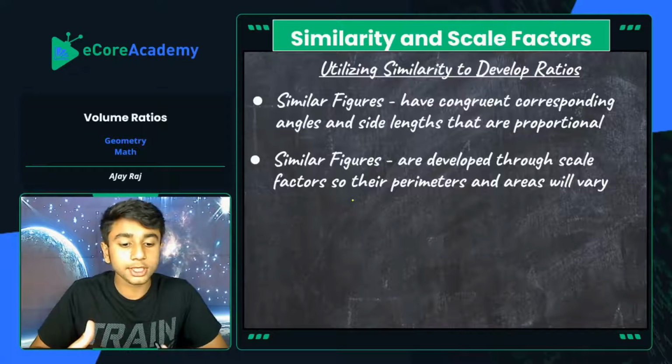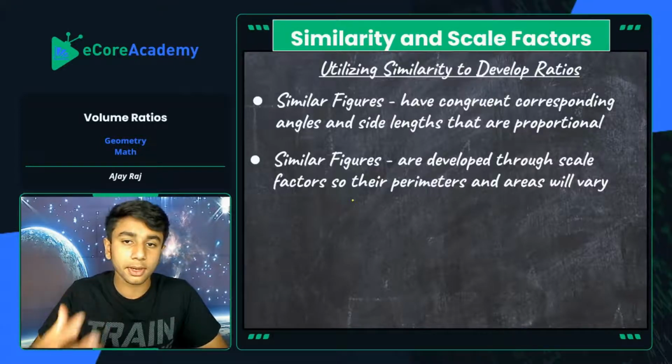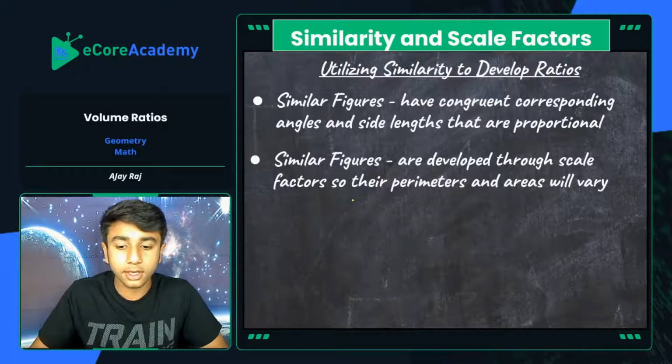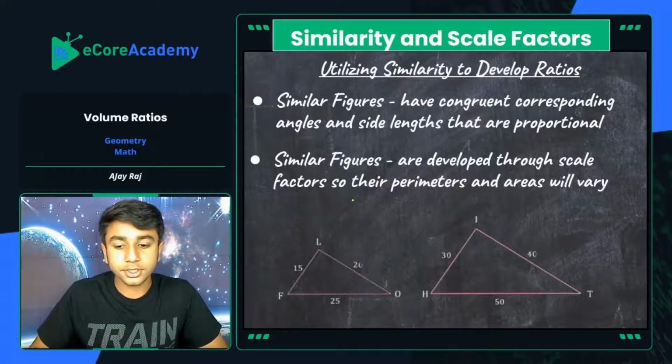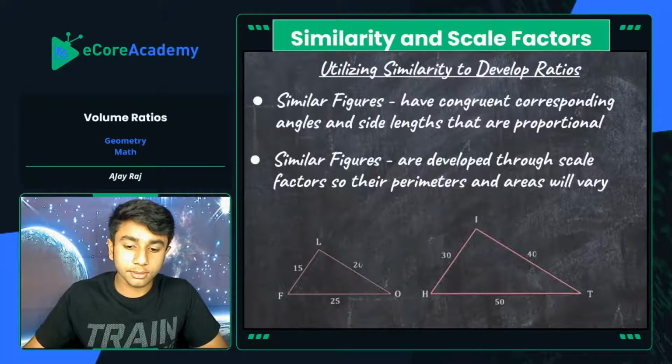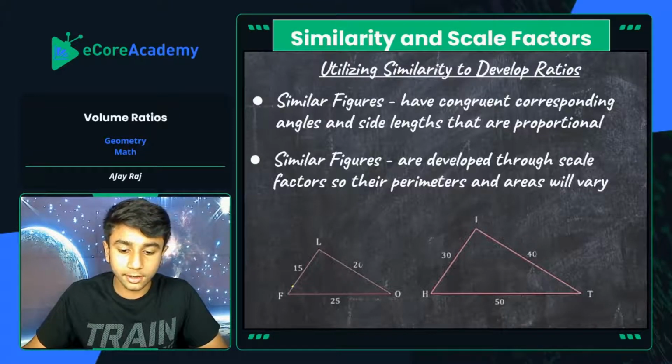You can also utilize scale factors not only to compare your side lengths and develop from there, but also to calculate perimeters and areas when only knowing the value of one figure and the given ratio. This is an example of two similar figures here. We know that they're going to be similar here because if I identify all of these corresponding angles as congruent, that means they must be similar.